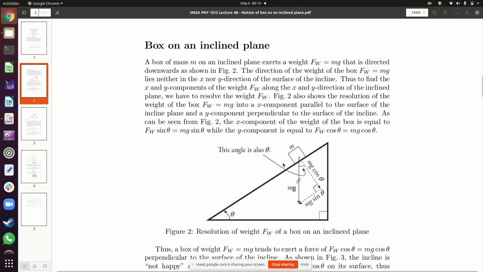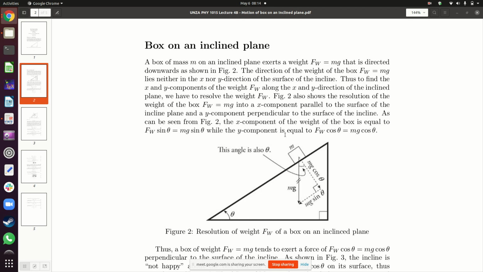Okay, now for us to study why this particular object, if it decides to remain motionless, why does it remain motionless? The reason why it remains motionless is because there is no acceleration. That's the only reason why something remains motionless.